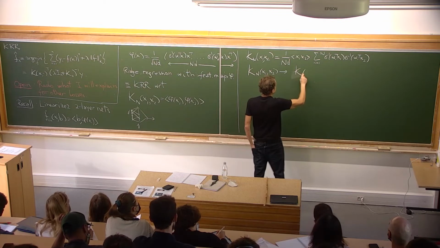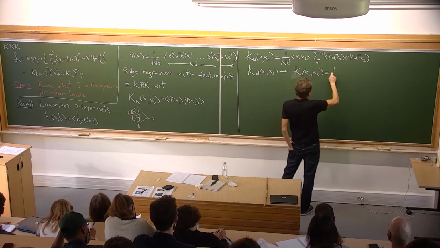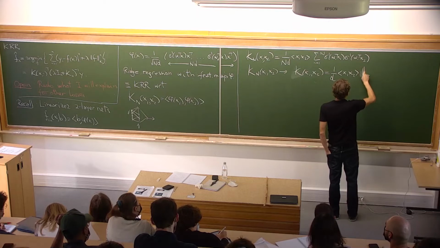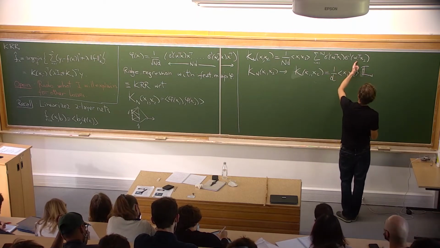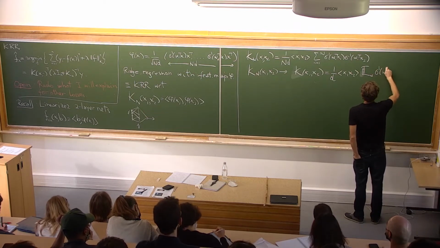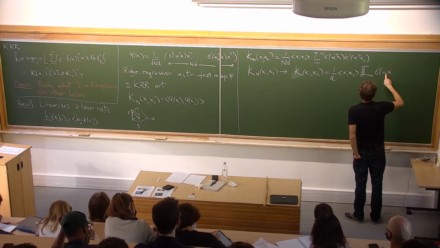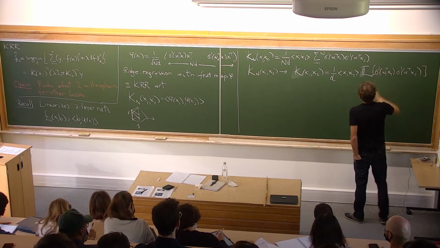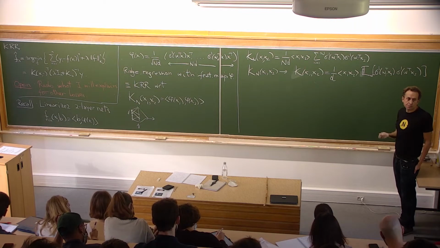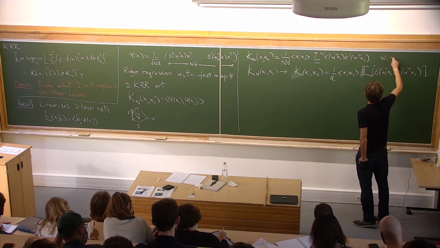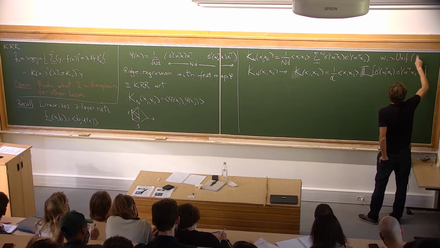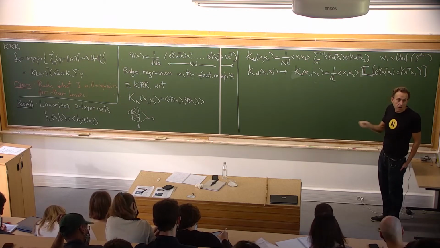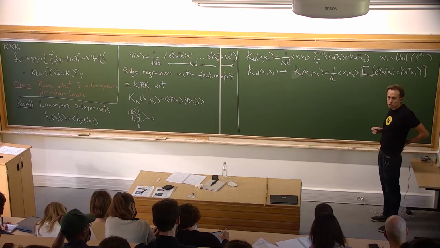Let's write it: K(x1, x2) is 1 over d times x1 transpose x2 times the expectation with respect to w, the wi's being iid, of sigma prime of w transpose x1 times sigma prime of w transpose x2. Now I'll take the initialization to be the standard initialization in these cases, that is, the wi are uniform on the sphere in d dimensions. I could take them Gaussian with covariance I over d, but this is a little bit more convenient mathematically.